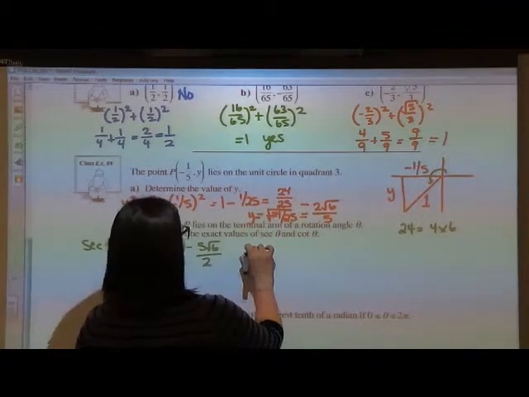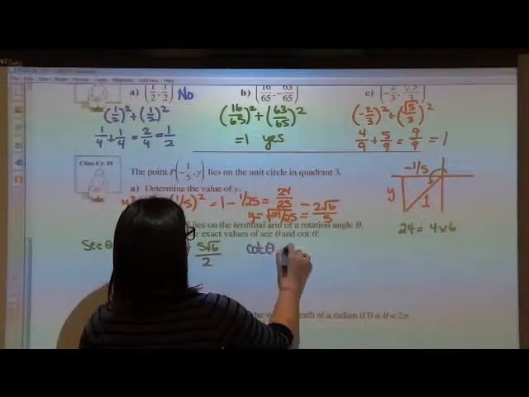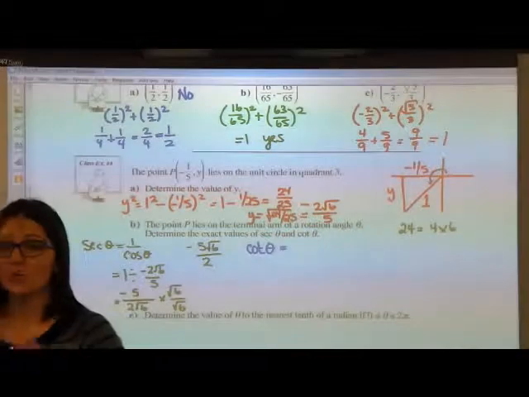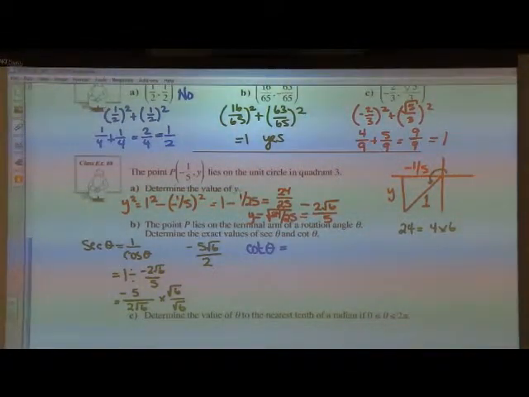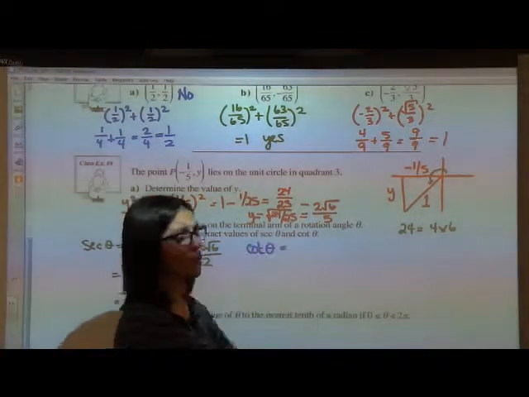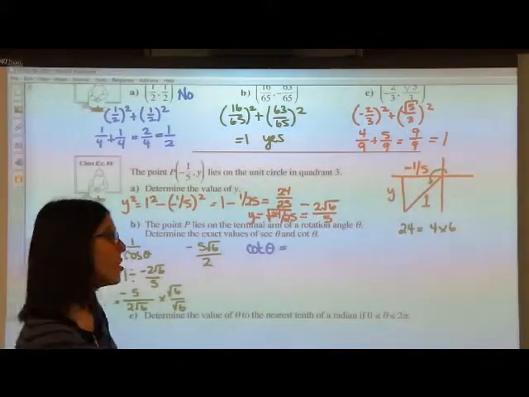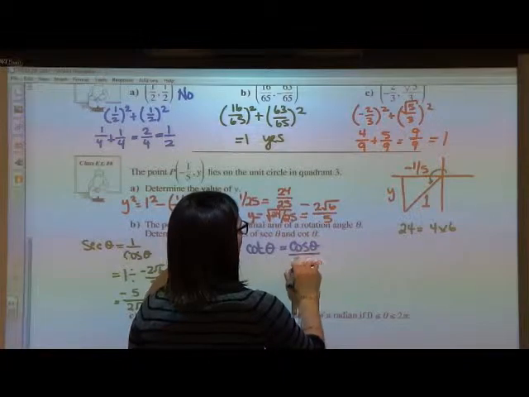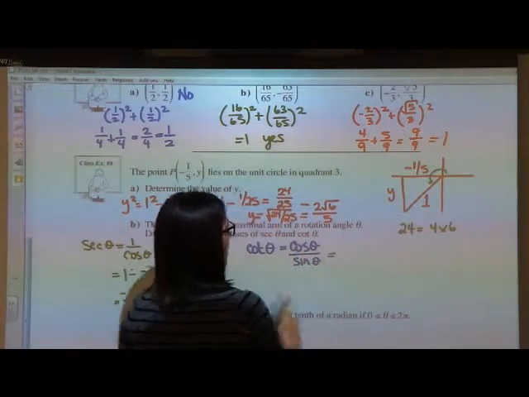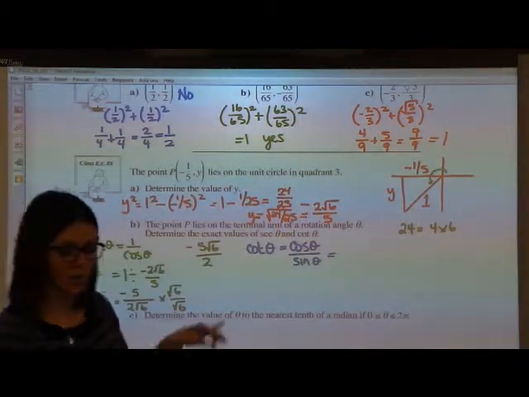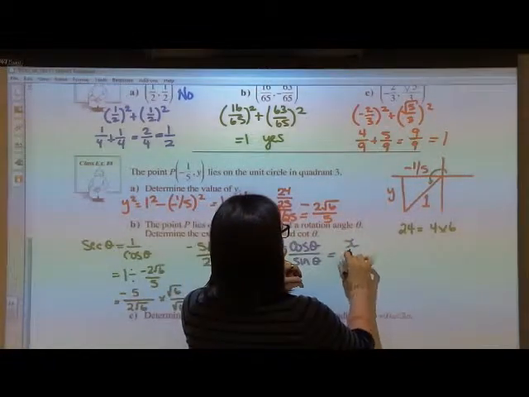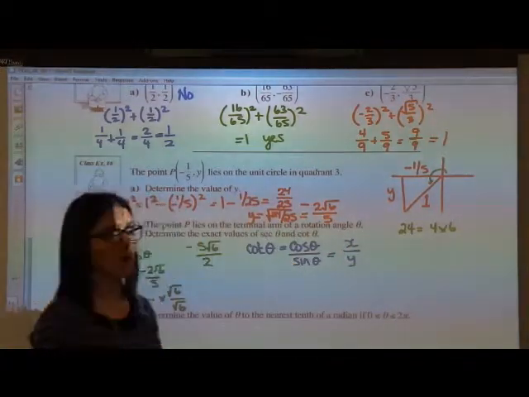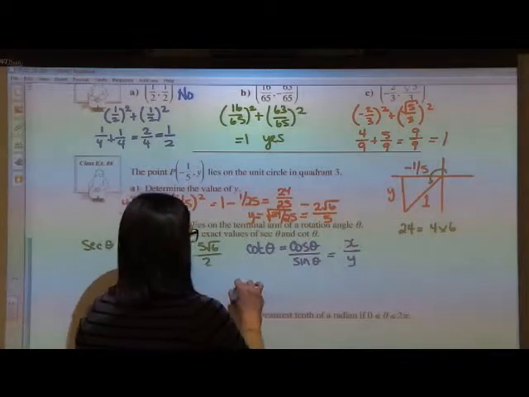For cotangent theta, there's 2 ways I could do this. I could do this with the rule that this is 1 over tangent theta, or if I look on my formula sheet, it also tells me that it's cos theta over sine theta. And if we remember from earlier, cos theta was my x-coordinate, sine theta is my y-coordinate.